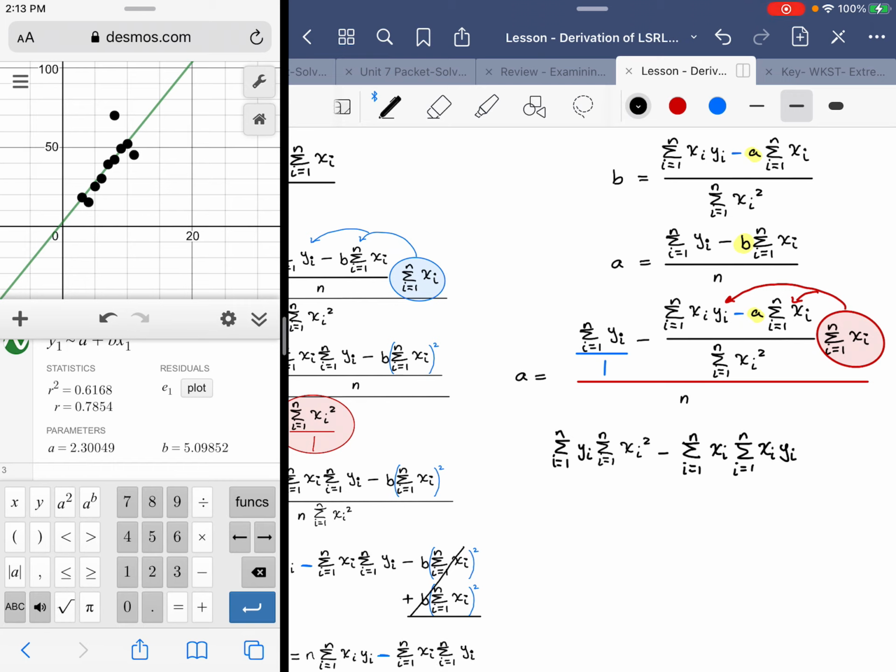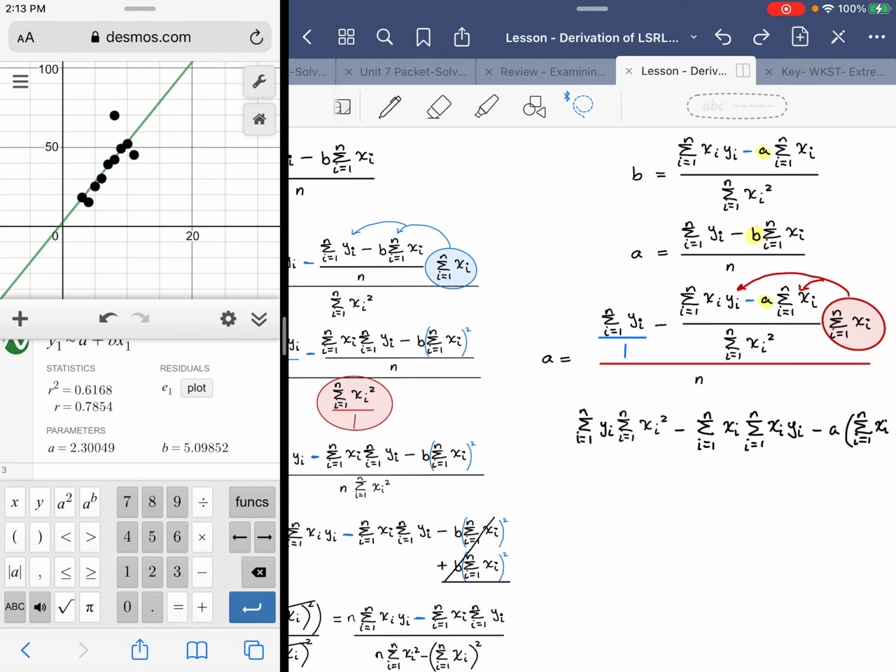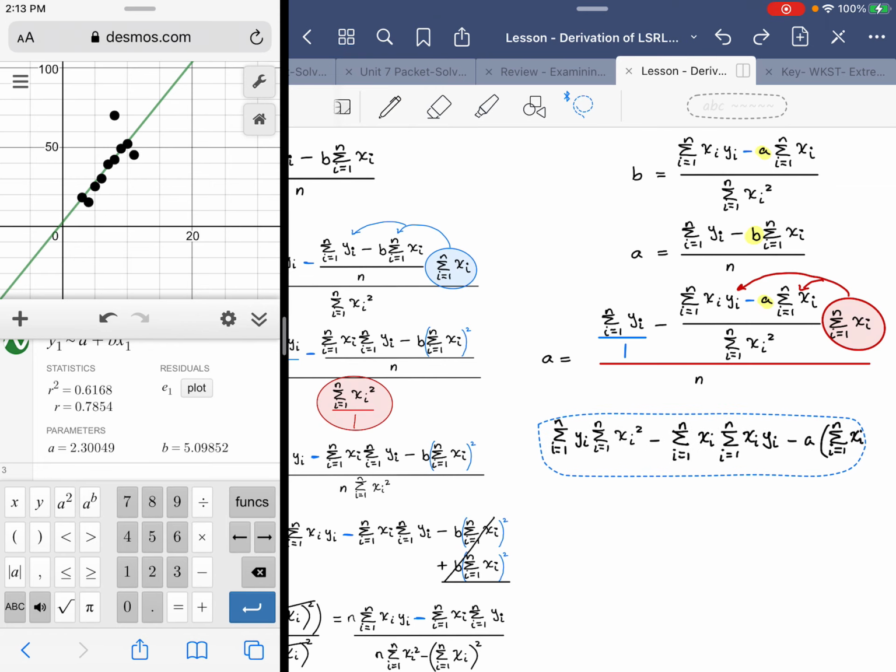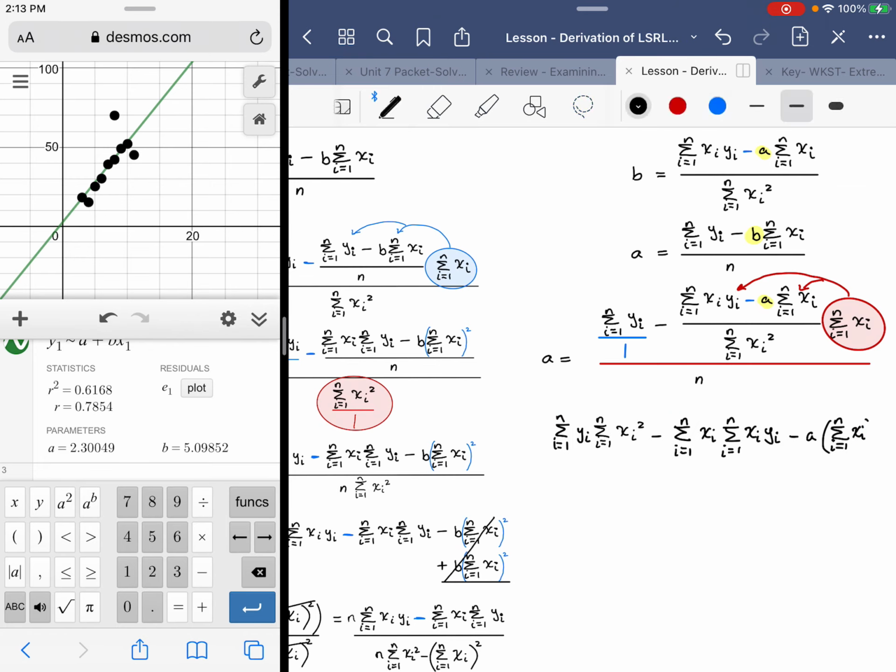All right, so minus a, the quantity sum from i equals 1 to n of x sub i, close it up and square it, all over this denominator here, which in turn is all over that denominator, which in turn is all over a 1.